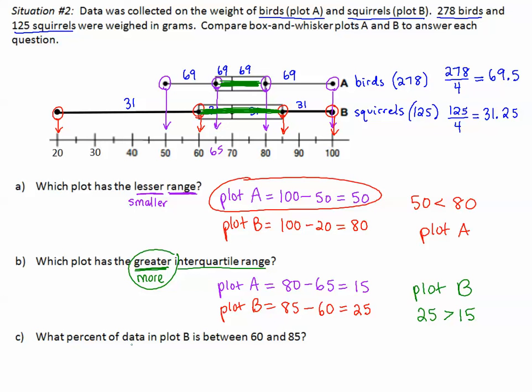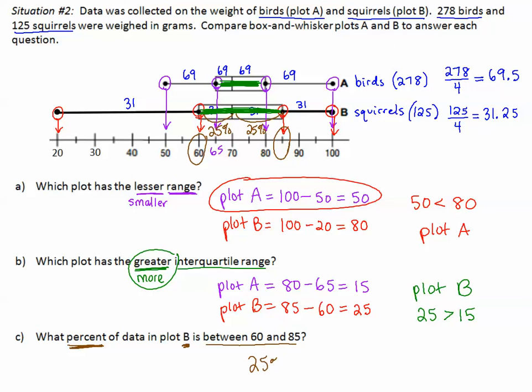What percent of data in plot B is between 60 and 85? So remember, percent, there's 25% in each quartile. So in plot B, we have to look, that's the second one, between 60 and 85. So 60 and 85 is from this point to this point. That consists of 2 quartiles where 25% is in this one and 25% is in this one.